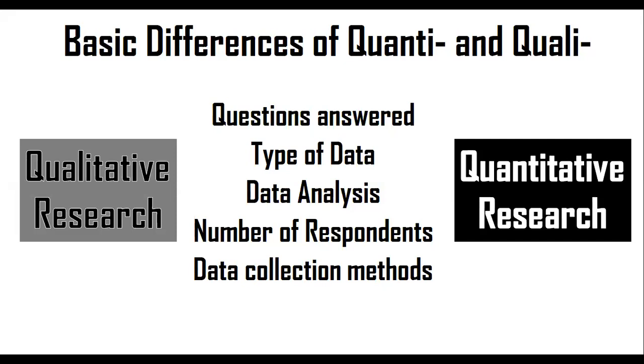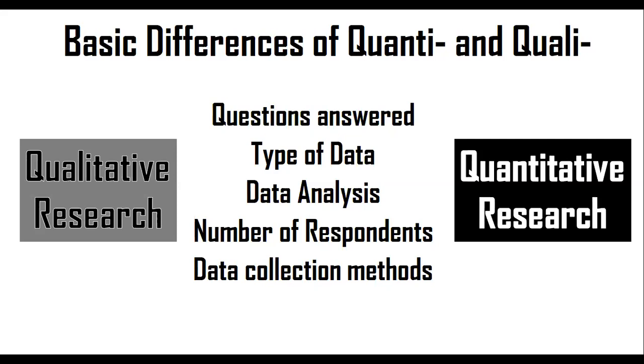And it is most likely between 4 or 8 to 20 people. So that's fairly just a small number of respondents. But in quantitative research, you're not going to base it on people or authors, but on mathematical equations and formulas, or even software that does the mathematical formulas and equations for you.